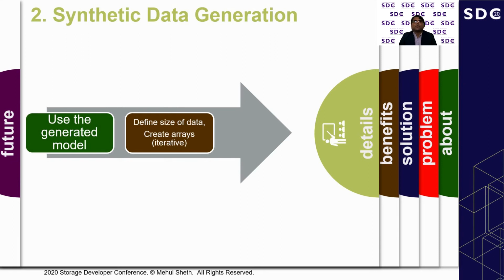And then generate the arrays of all the criteria such that the relationship between each is maintained. In the previous slide, I explained why this process can be iterative. Finally, generate synthetic data using these arrays so that it represents realistic production data, and it could also be scaled.